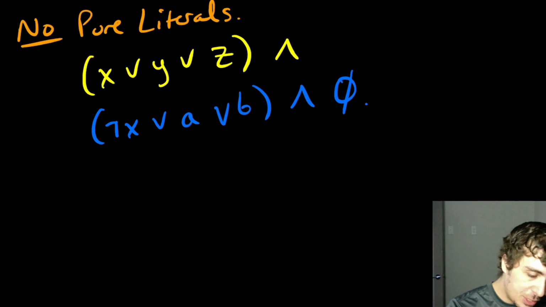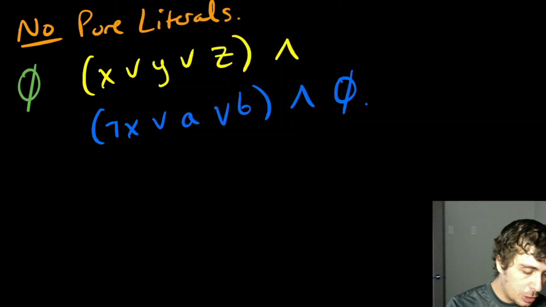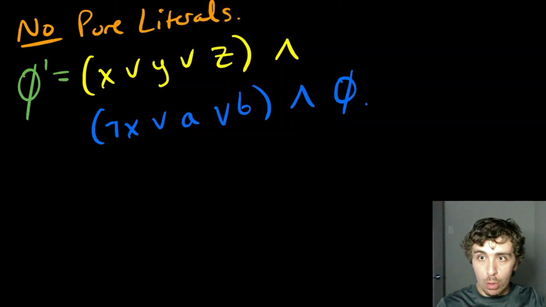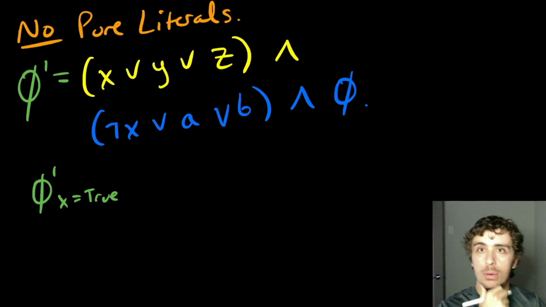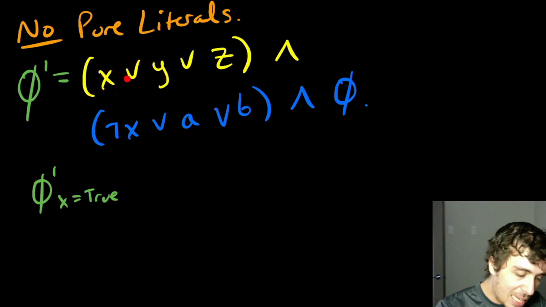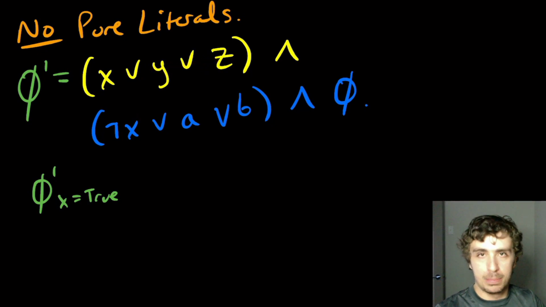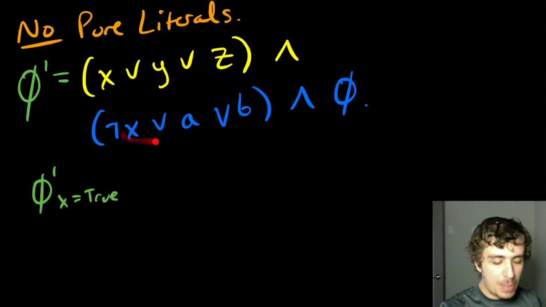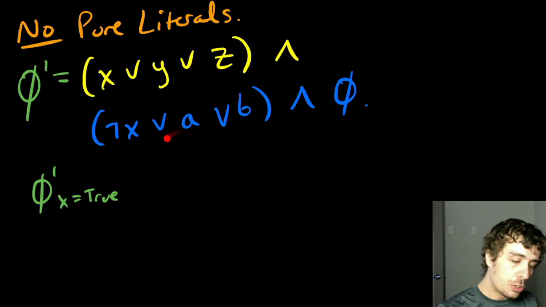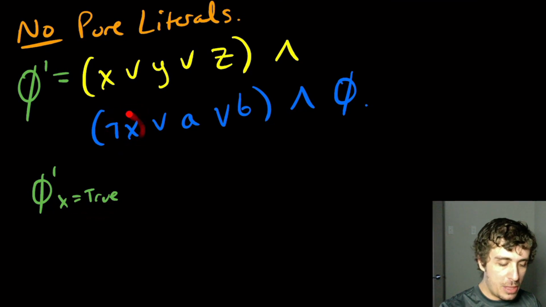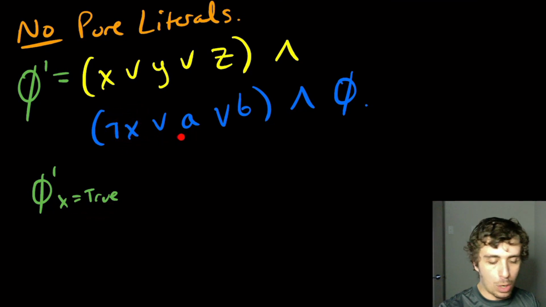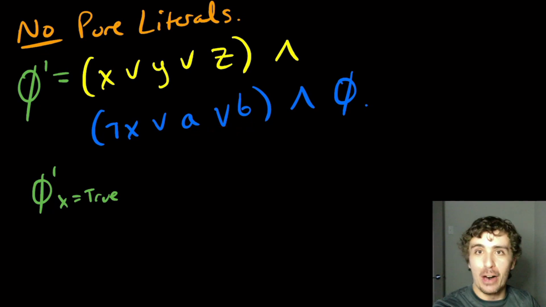Well, let's focus on what we did earlier. So we had phi prime equaling that whole thing, and we analyzed the case where phi prime is subject to x being true. Okay, so if x is true, this clause is obviously satisfied, but this one isn't yet. So this clause right here is effectively reduced to A or B, because if x is true, this thing is false, so false or whatever is just the whatever.